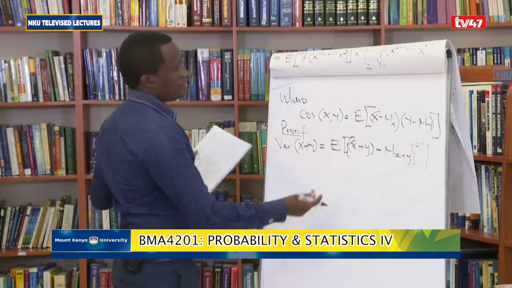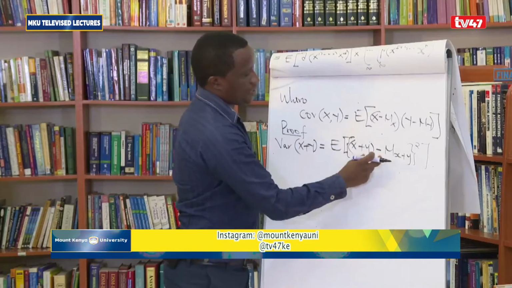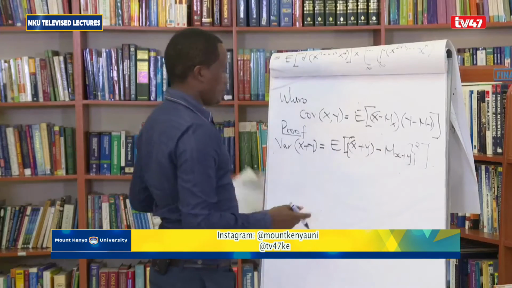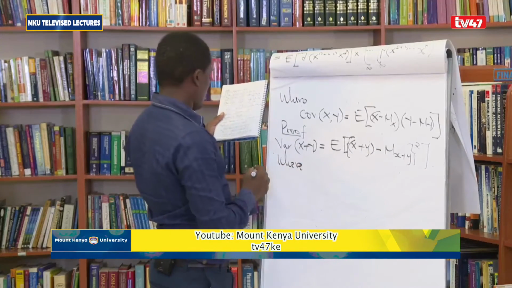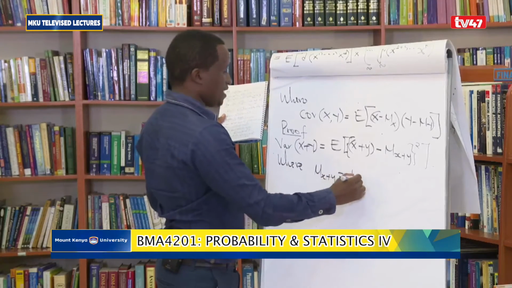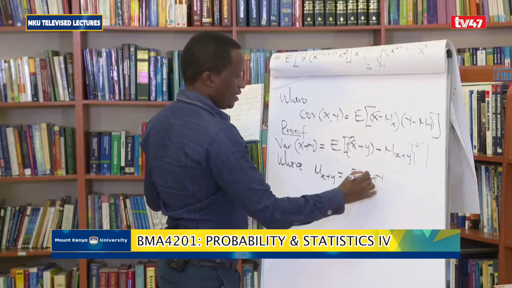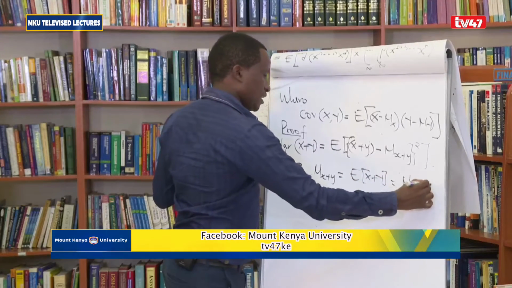Note the introduction of both the square and the curly brackets. The curly brackets are saying that we are squaring this expression. Now first we define some expressions. Mu x plus y simply implies the expected of x plus y, which is the expected of x plus the expected of y.